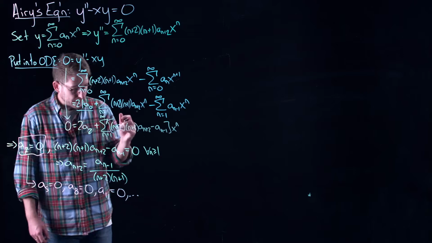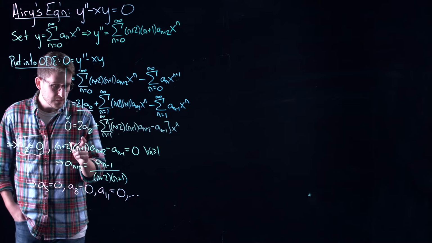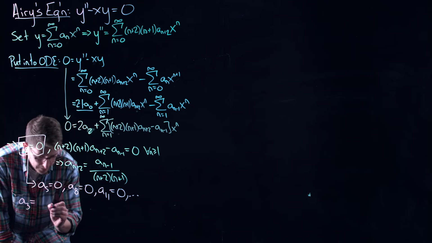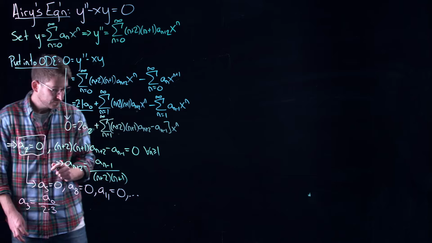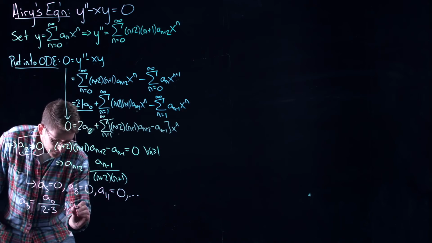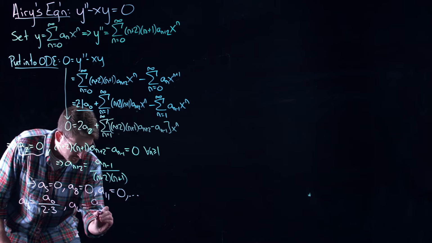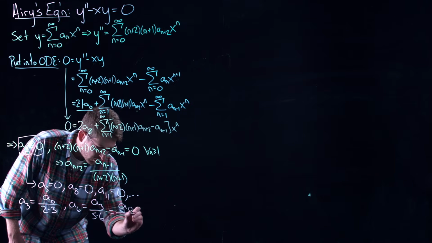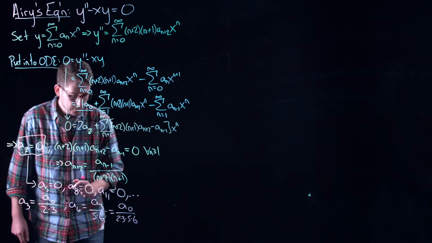Now, what about the rest? Well, let's look at when n is equal to 1. That gives me A3. And in my case, A3 is A0 over 2 times 3. Similarly, A6 is equal to A3 over 5 times 6, which is the same as A0 over 2 times 3 times 5 times 6.